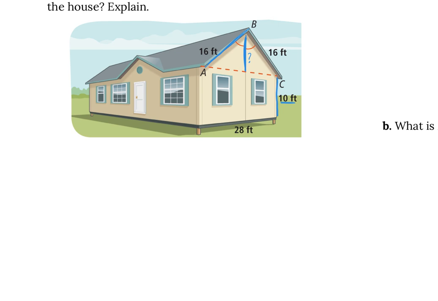Okay, I know that I can use my Pythagorean theorem to find my missing sides. And I'm only missing one side because I know that this entire base is 28. Half of 28 would be 14, so each of these is 14. So now all I'm looking for is this missing side, which is the height.